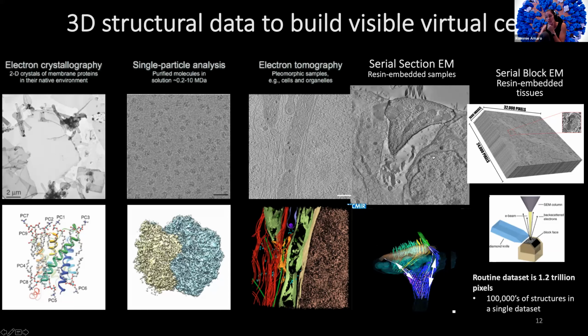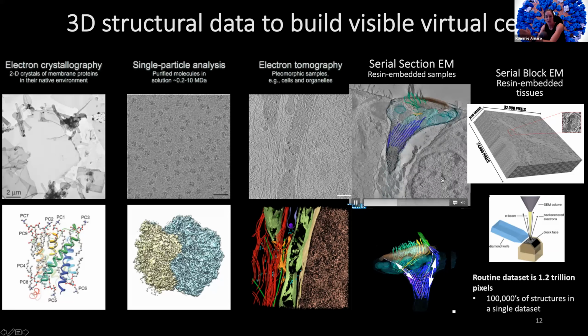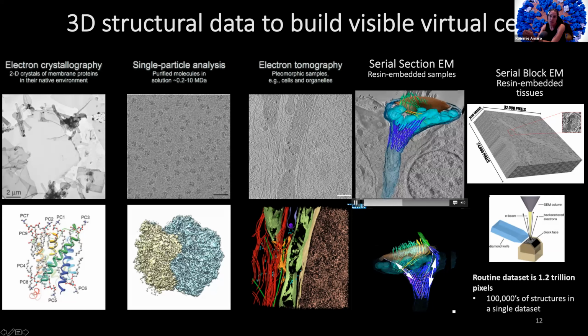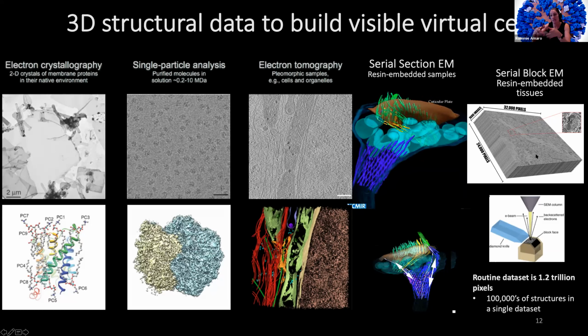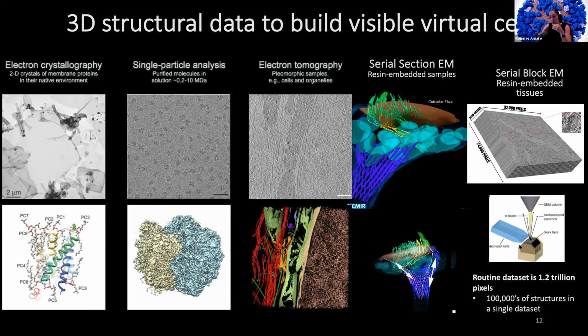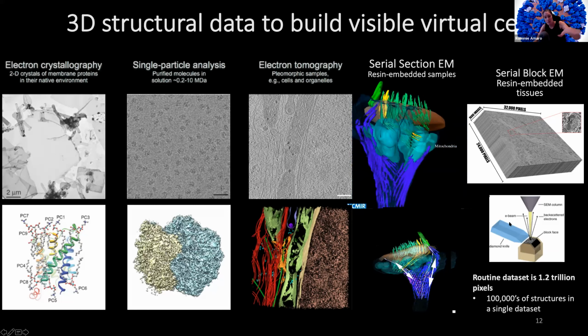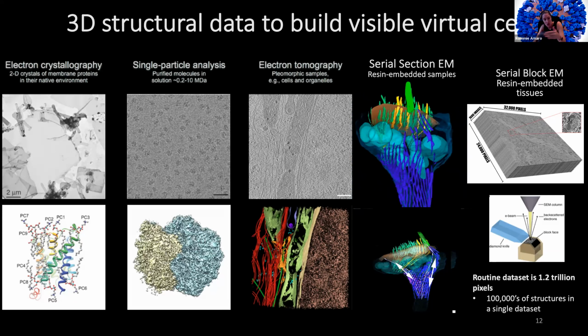And then we can switch imaging modalities to what they call resin embedded samples and get to higher scales of organization, where with serial block EM, they can put entire tissue samples inside of the microscope, and then with a diamond knife they image one layer of the sample, shave off a very thin slice, image again, shave off another.